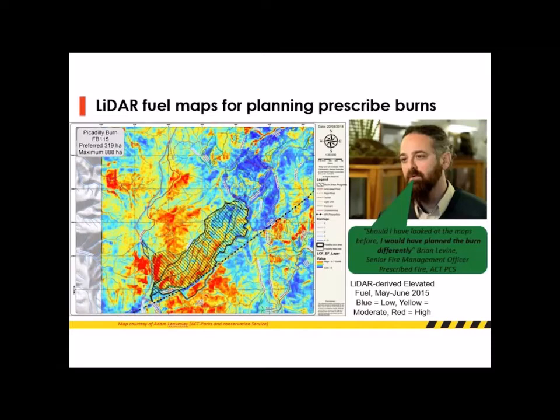The firefighters at ACT Parks were using this road as the containment line, but when the fire approached the area highlighted in red in the west of the planned burn, with very, very high fuel loads, the fire went out of control and jumped the containment line. So talking to Brian Levine after this happened, he thought that if he had looked carefully at these maps, he would have planned the burn differently or put more resources on that containment line to avoid it going out of control and jumping the line.